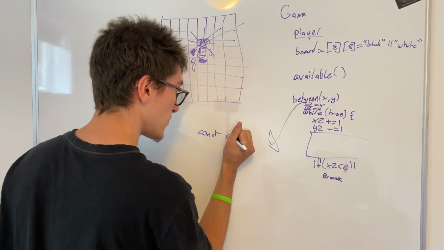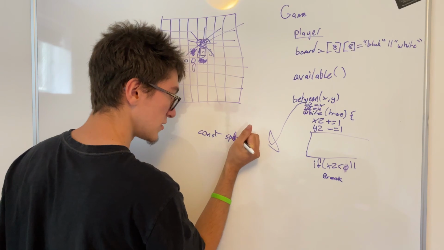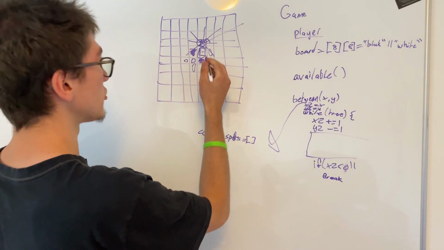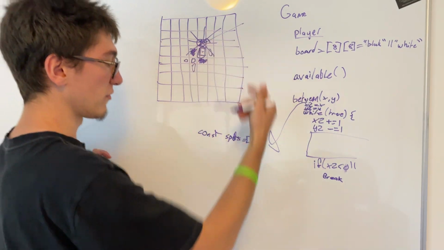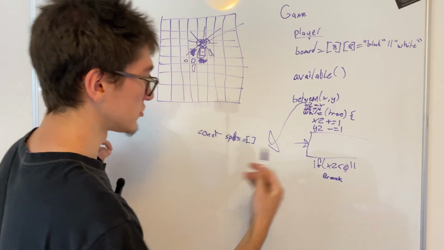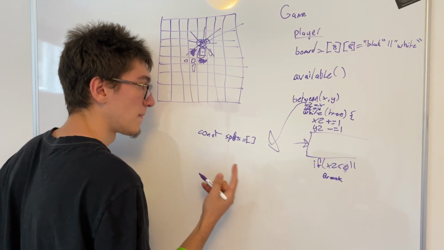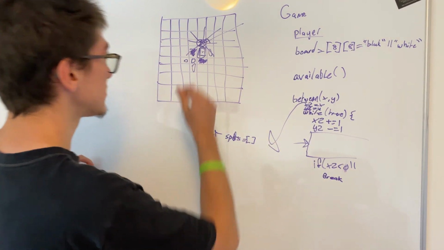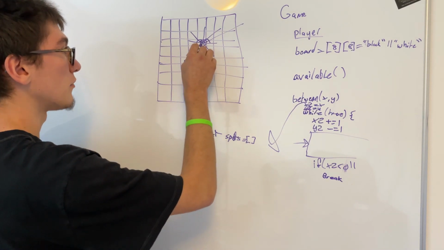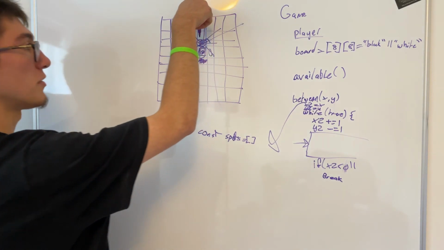And these would be the spots that need to be turned, that are going to be flipped. So over here, we need to add those to the spots. But let's say I'm checking for this one, I'm going down.